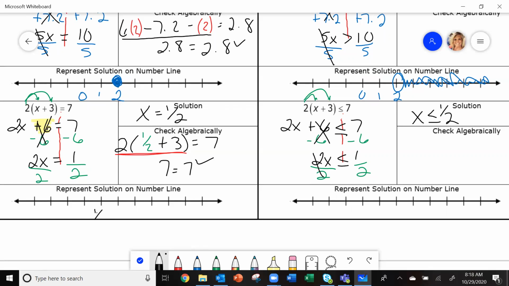So on my number line to graph it at 1/2, I would put just a dot at 1/2 because x equals 1/2. Now on the inequality, it says less than or equal to. Because it has equal to, I put a closed dot, and less than means to shade to the left.